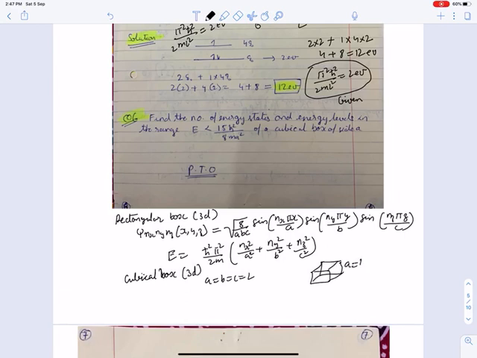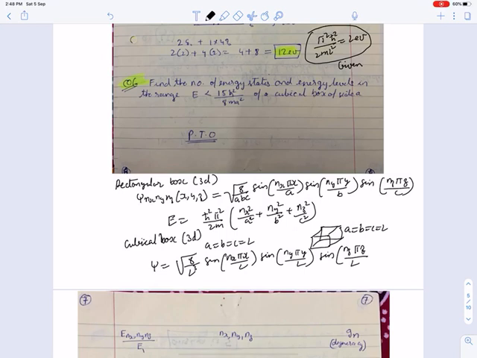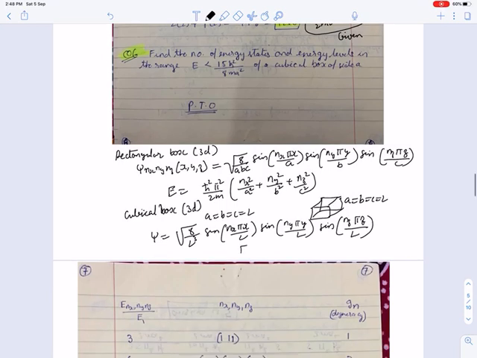So the above formula becomes psi equals under root 8 upon L cube, sine nx pi x by L, sine ny pi y by L and sine nz pi z by L, and the energy level becomes h cut square pi square upon 2 L square times nx square plus ny square plus nz square.